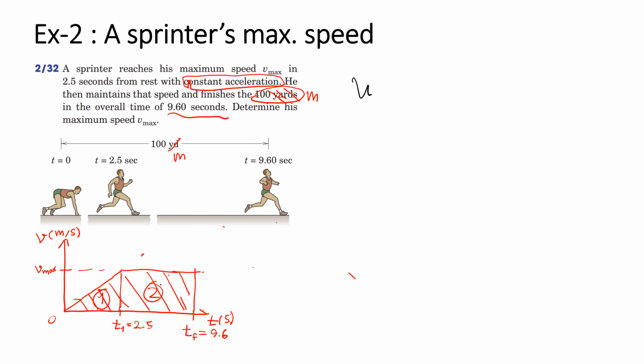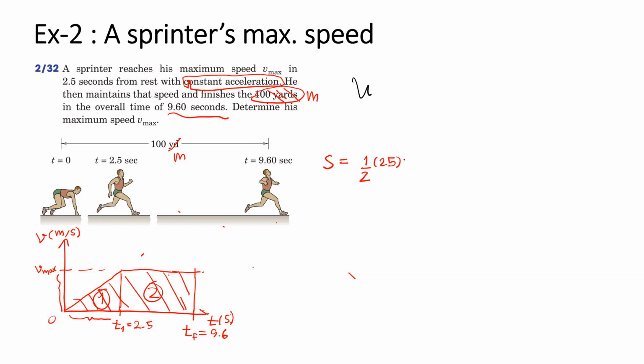So the area under the plot, or the distance, for the triangle is equal to 1/2 of the horizontal length and the vertical length. The horizontal length is 2.5 seconds.